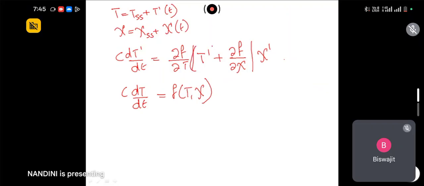It's not a bracket; it's dF by dT into T dash plus dF by d chi into chi dash.